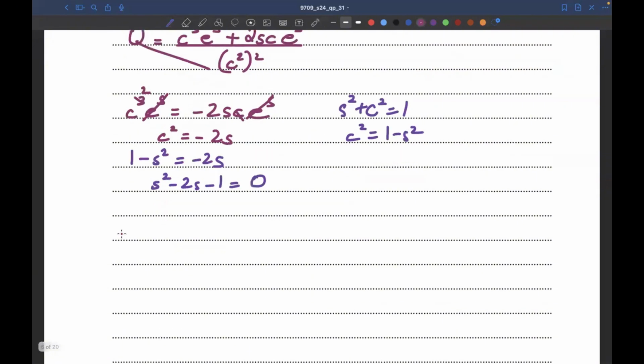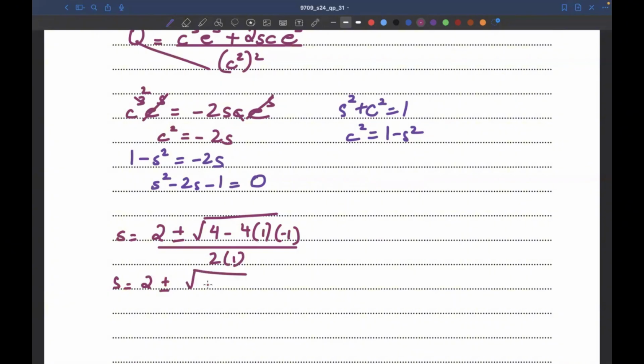So applying the quadratic formula, we'll get minus b, so that will become plus 2, plus minus square root of b squared minus 4ac. So that will become 4 minus 4 into 1 into minus 1, divided by 2a, so 2 into 1. So we'll get 2 plus minus square root of 4 plus 4, that will become 8, divided by 2.